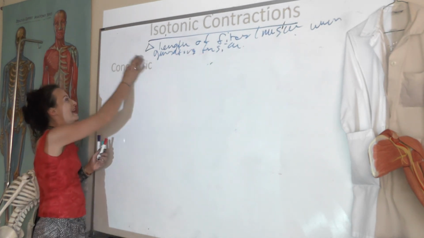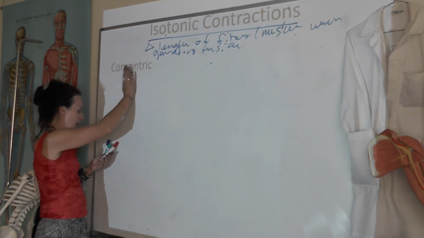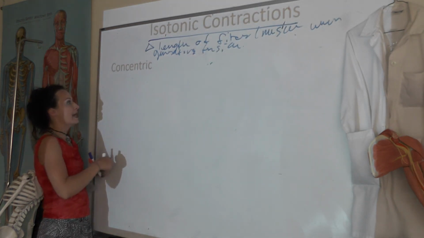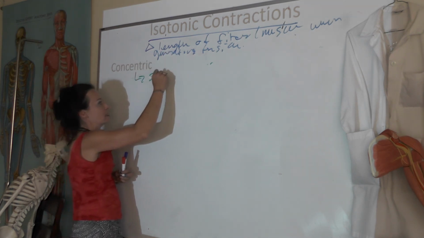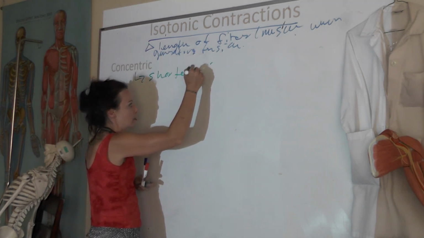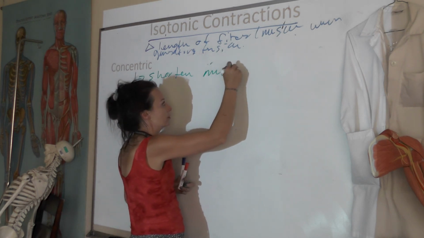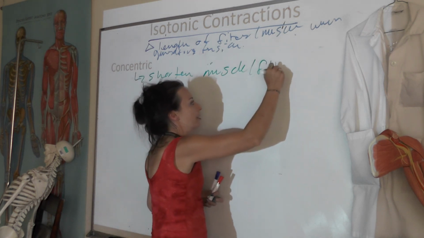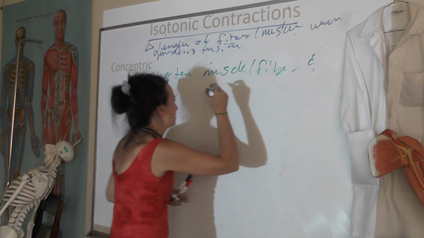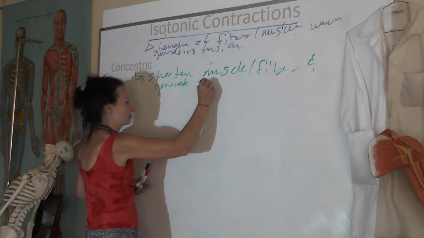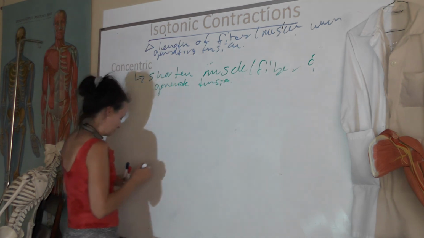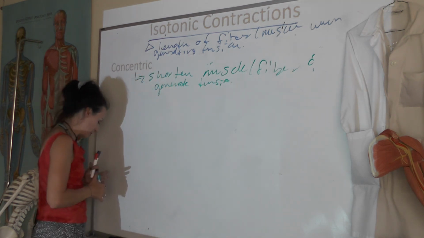So in a concentric contraction, the change in length is that I am shortening. So I shorten the muscle or the fiber, and generate tension. Okay, and that's the one most people understand.